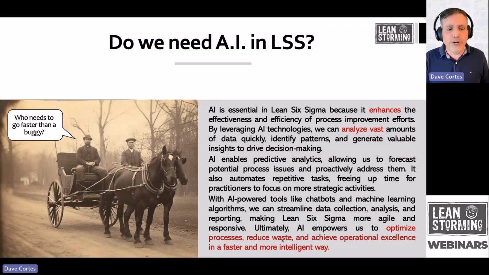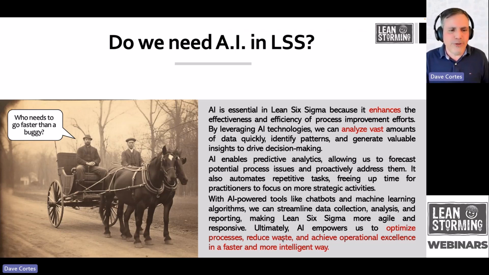But we are from Lean Six Sigma. Do we need Lean Six Sigma AI? And again, this is an opinion. Anybody could have one. I presume that if you're listening to the webinar, you are kind of in this camp. We are optimizers, and because Lean Six Sigma looks to optimize and enhance effectiveness, we have to take our own medicine.